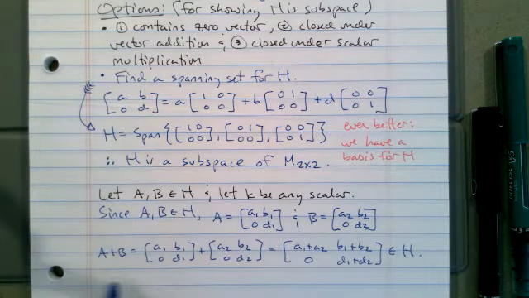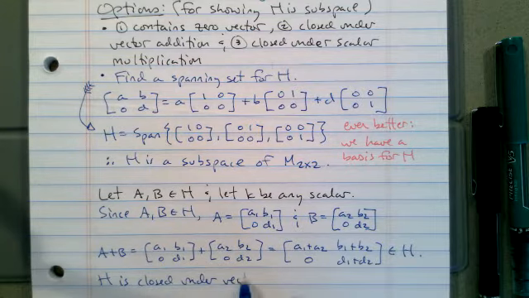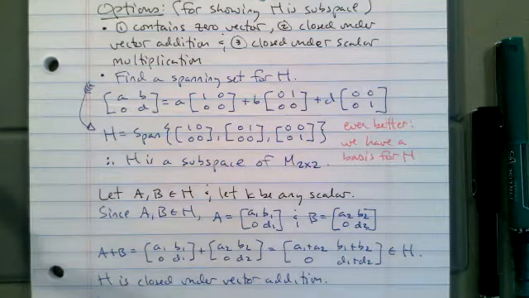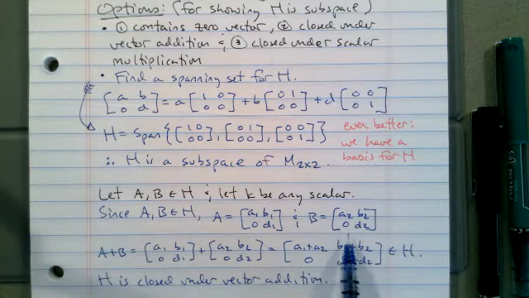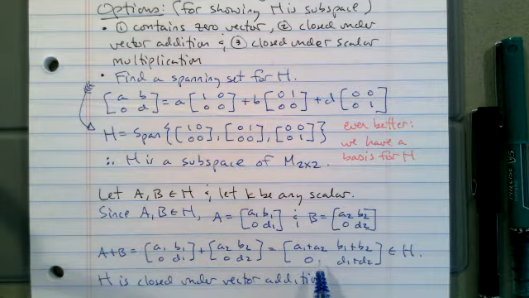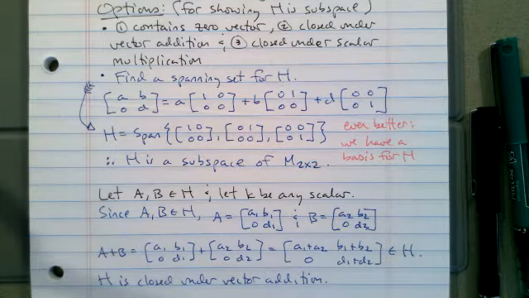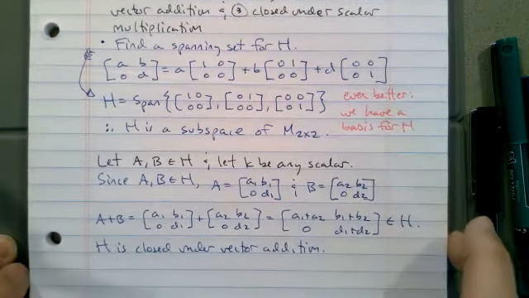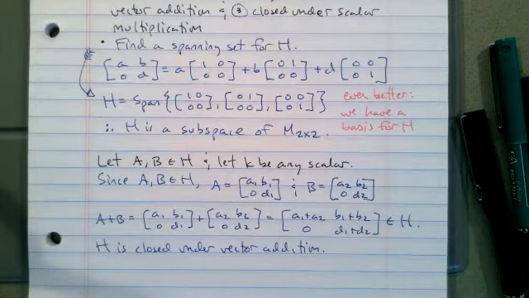A and B are in H, their sum is in H, therefore H is closed under vector addition. If I take two vectors with a 0 in the second row first column, their sum will have a 0 in the second row first column. So there's an example of what we would have to do to show H is a subspace by using the three things: contain 0, closed under vector addition, closed under scalar multiplication.